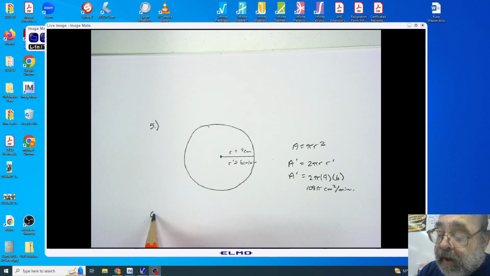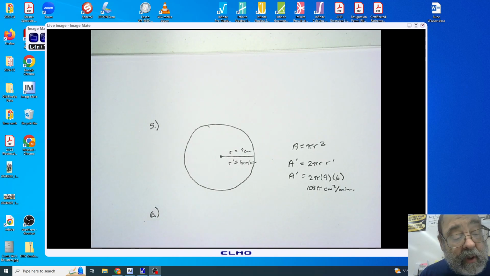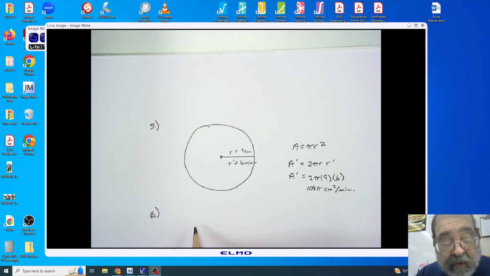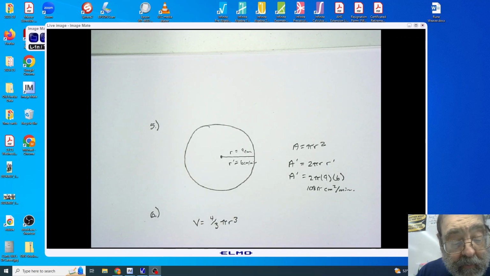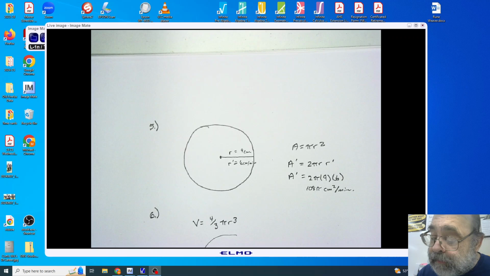Number 6 is working with a spherical balloon. So the formula that we want to work with, since we're trying to find how fast the volume of the balloon is changing, is volume equals 4/3 pi r cubed. Once again, it's a spherical balloon.